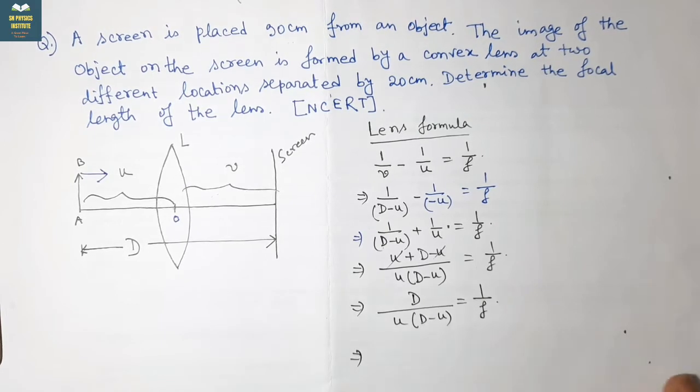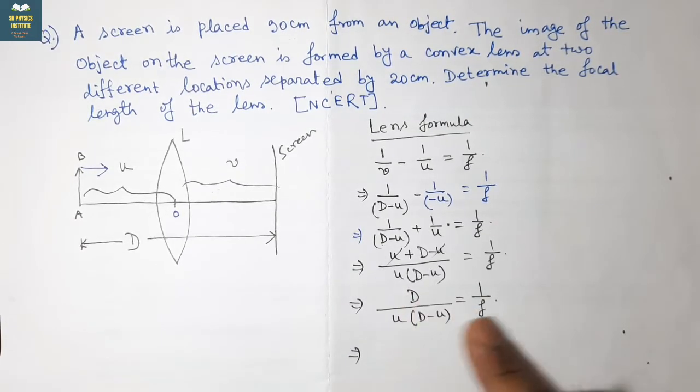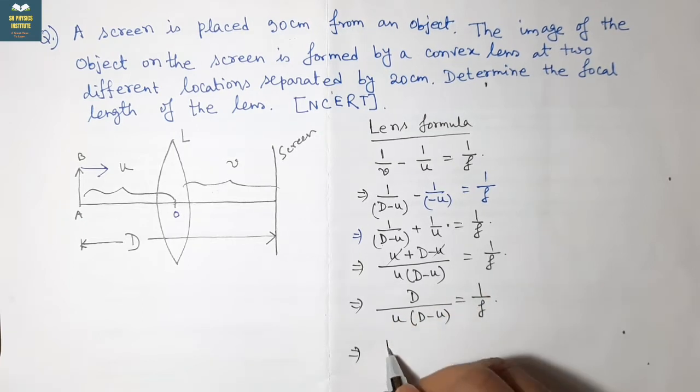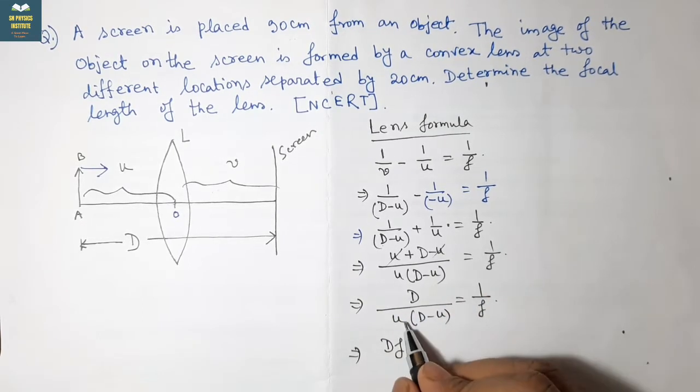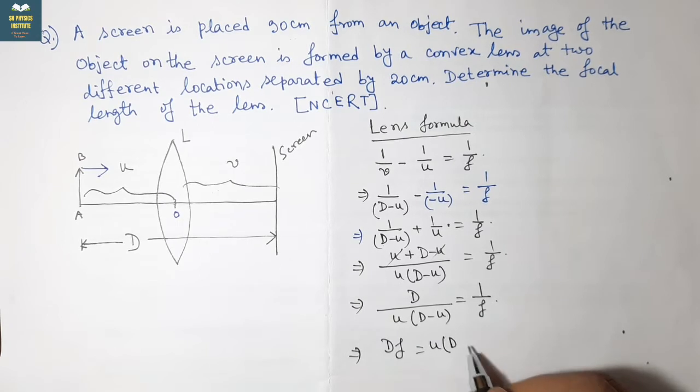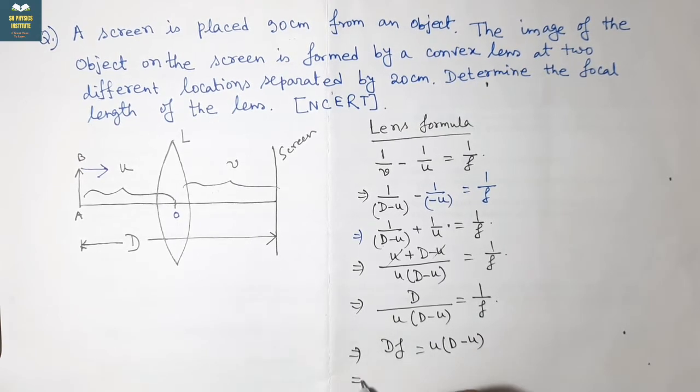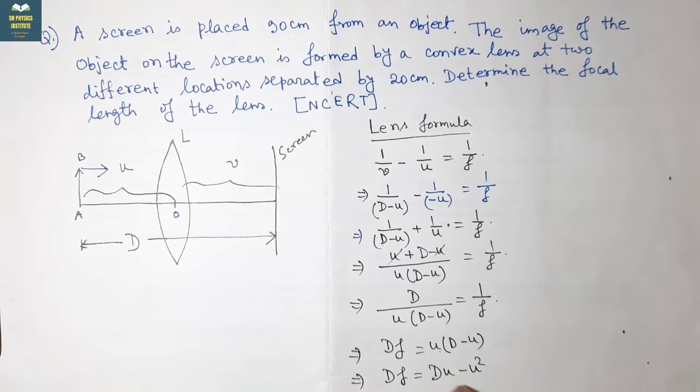Now taking the cross multiplication, Df is equal to u into (D minus u). So Df is equal to Du minus u square.